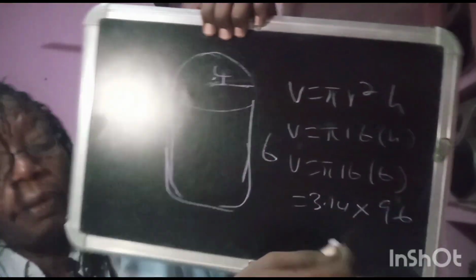The volume is equal to pi times 16 times 6, which is equal to 3.14 times 16 times 6. Now 16 times 6 is equal to 96. You see what I'm doing?